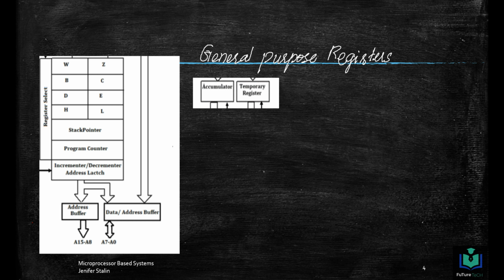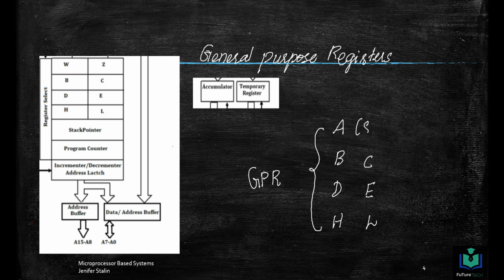Register A, register B, register C, register D, register E, register H and L. They are together called as general purpose registers. Each register has the capacity to store 8 bits of information.